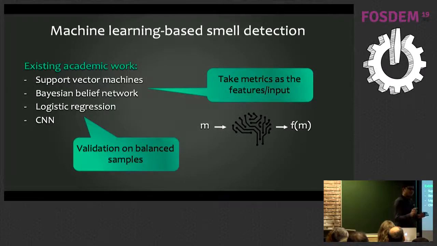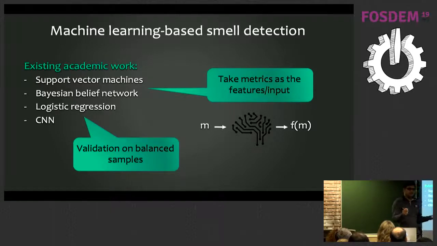Another related problem, especially in the existing work, is that either many details are missing from the validation, or if the details are there, then the validation is on balanced samples. And in the morning also we have seen that when we have a balanced set versus an imbalanced set, there can be a really drastic change in the performance.